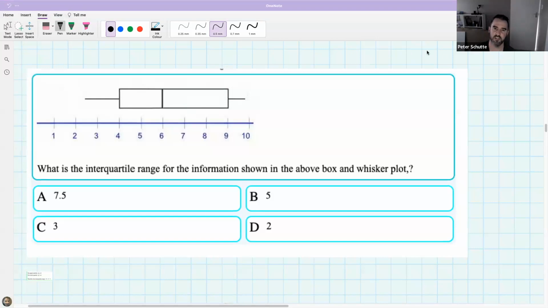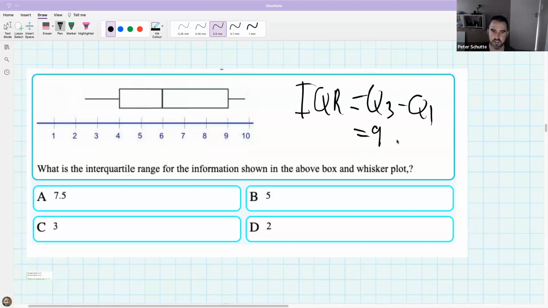What do we think the interquartile range is? The interquartile range is Q3 minus Q1, and Q3 is 9, Q1 is 4, so we get 5. And so the answer is B.